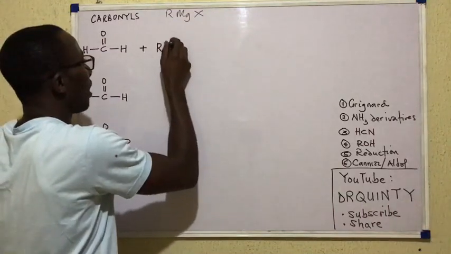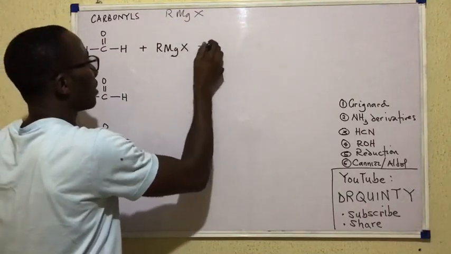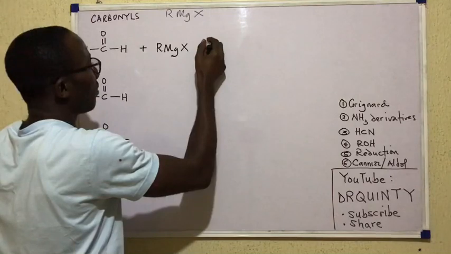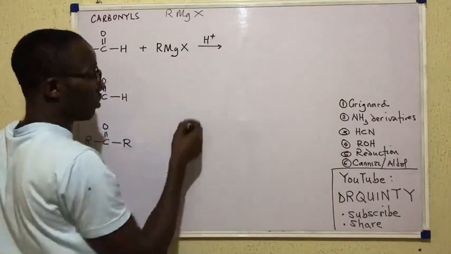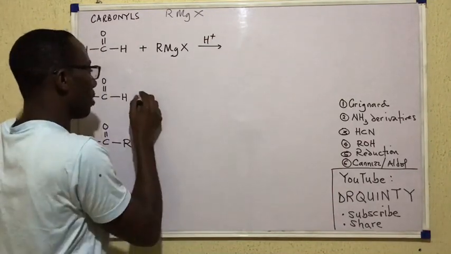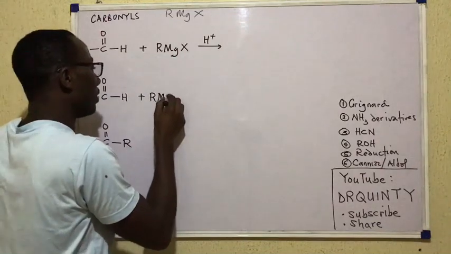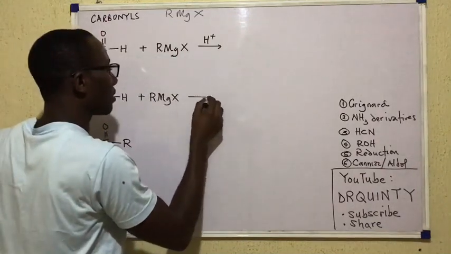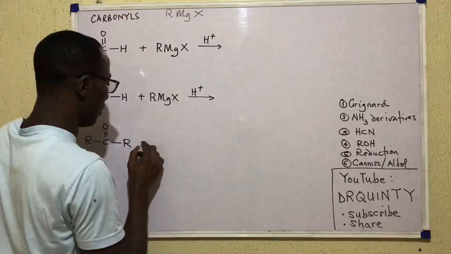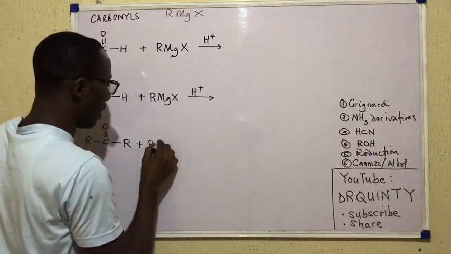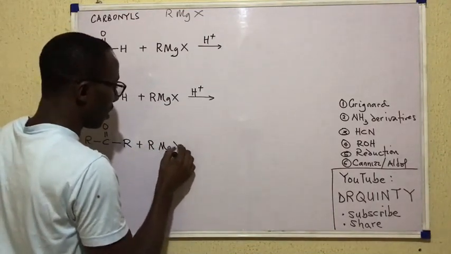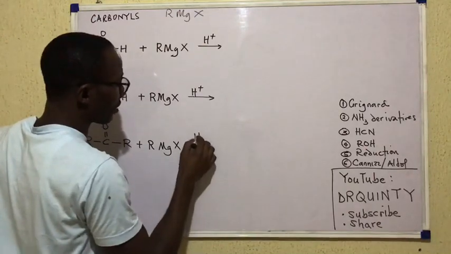So we have RMgX, and then on this side, I have H+. The reaction is acid catalyzed, that's why I'm putting H+ there. On this one, I have RMgX, of course, H+ still. And then finally, I have RMgX, and then H+.